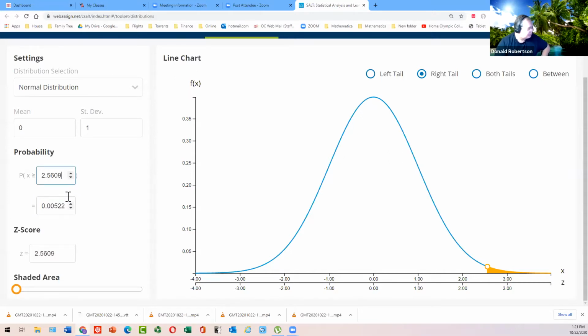So only 0.5% of all Z scores are bigger than 2.56. Now, if I change that number a little bit, let's make it a nice round number. Can anybody remember how big a Z score has to be to be an outlier? Great, 3. So if I make this 3, do you notice in the picture there's hardly anything left in the curve?